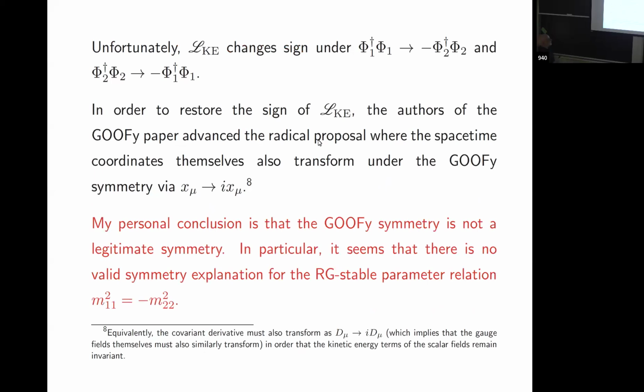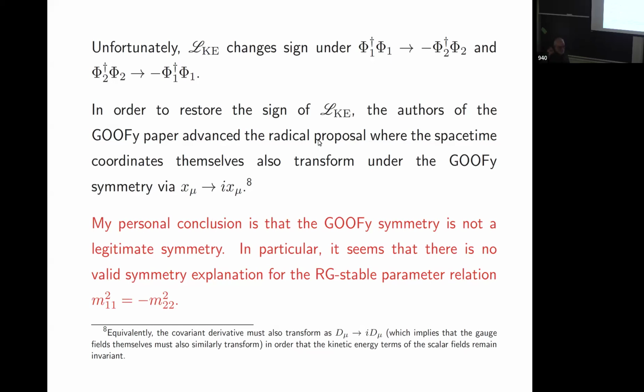However, unfortunately, the kinetic energy term changes sign, which is not a good idea, because that means it explicitly breaks the symmetry. So then the authors got extremely weird, and they said, we'll just include in this goofy symmetry changing the space-time coordinate into i times itself, and thereby also the covariant derivative into i times itself.